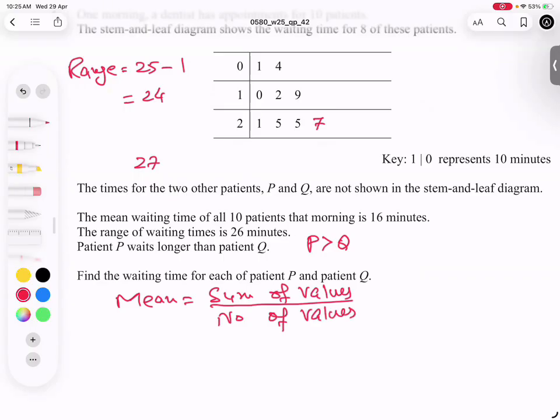Okay, so let's see how we can get it, students. Mean is 16, given by him. So I'm writing here 16. And the number of values is naturally 10. Now the sum of values. So this is 1, there's a 4. I'm adding all. This is 10, 12, and 19.